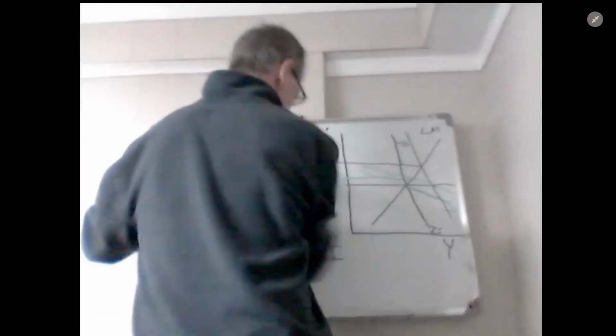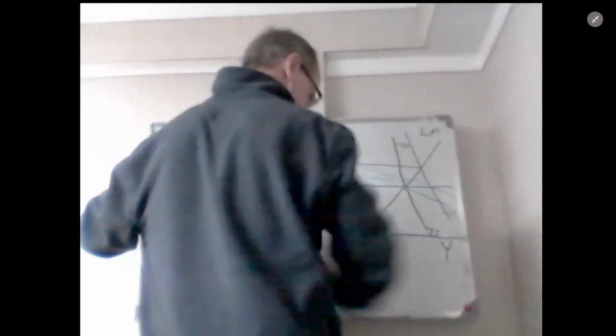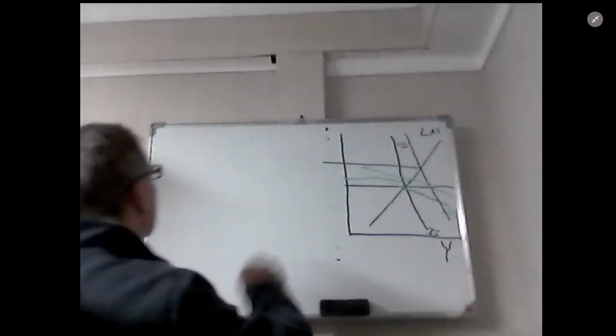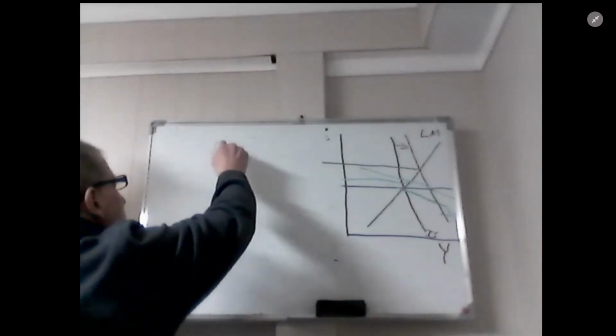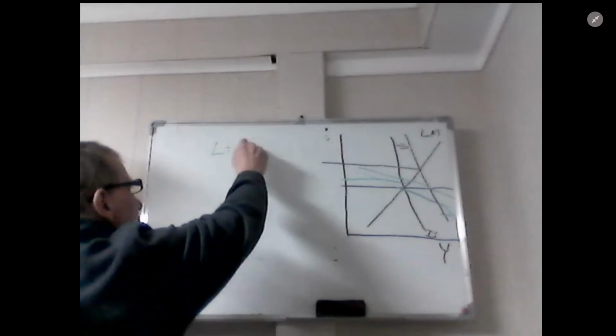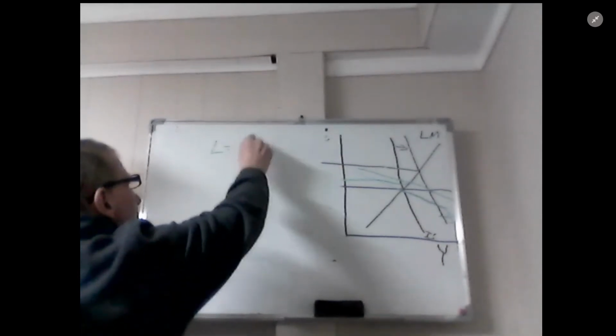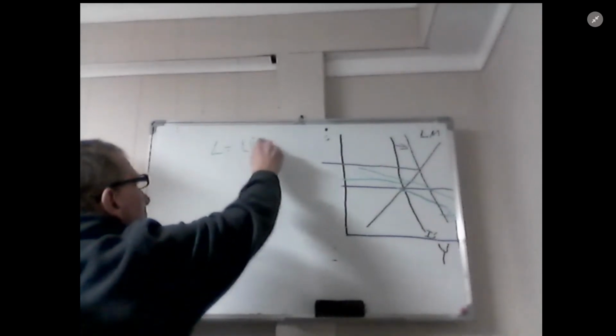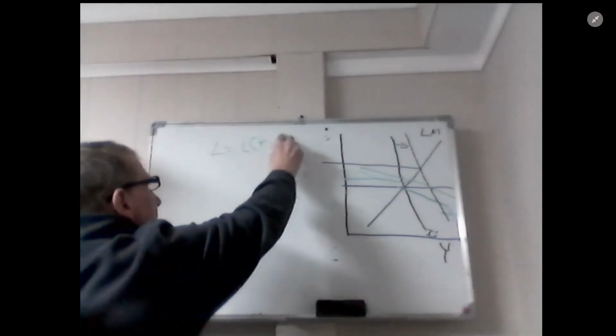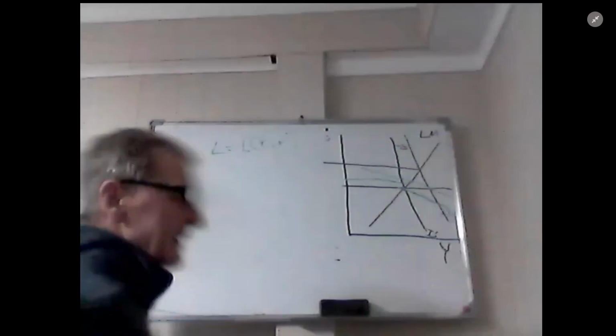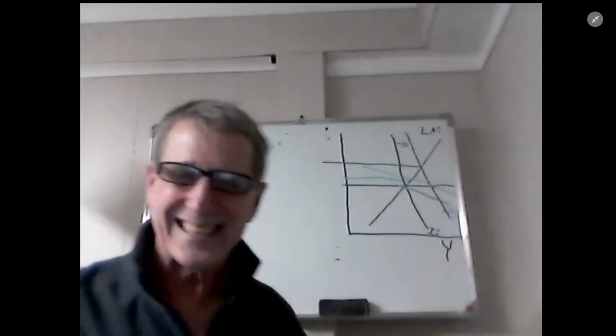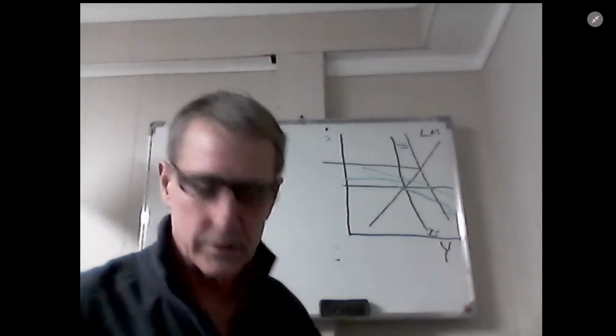All right, now let's take a look at the money market. We have liquidity preference as some function of income and interest rates. Okay, the income component is sometimes called the transactions demand for real balances.